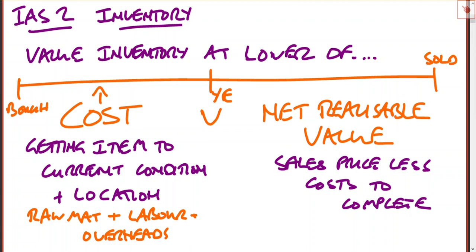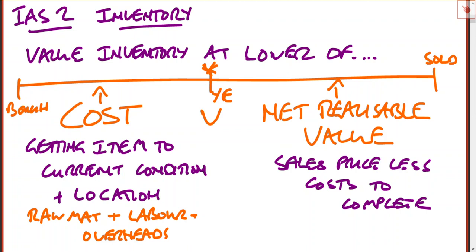So the cost is essentially what you've spent up to the date that you're trying to value it. Whereas the net realizable value is what you're going to sell it for, less anything that you're going to spend in here. So one of them is working up to the year end and one is projecting after the year end. So cost is anything that you've expended up until the year end on that item.